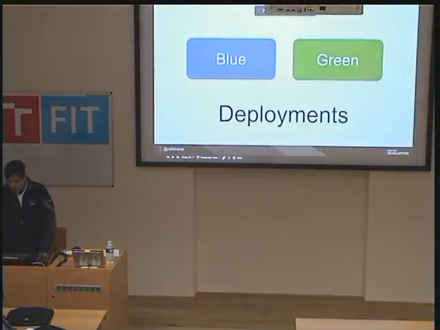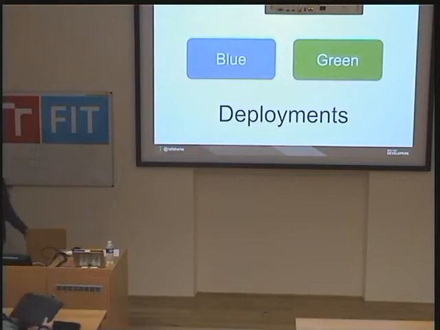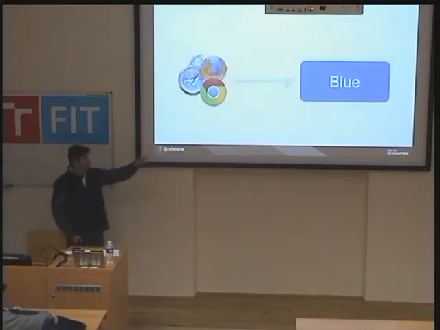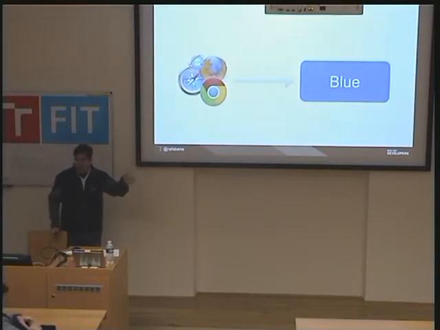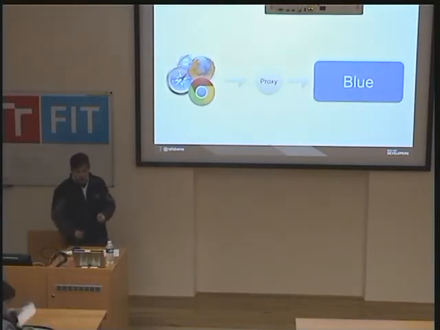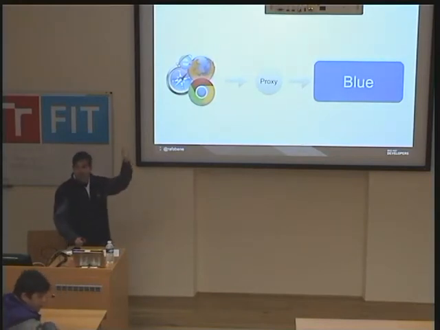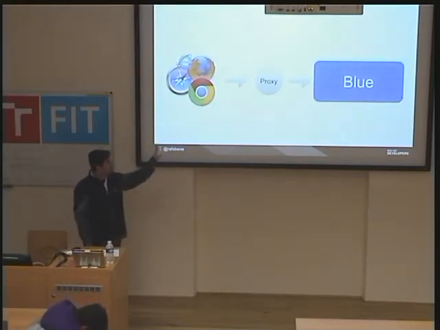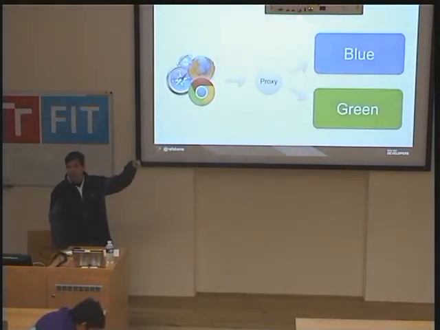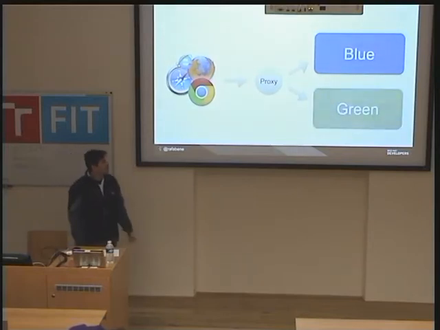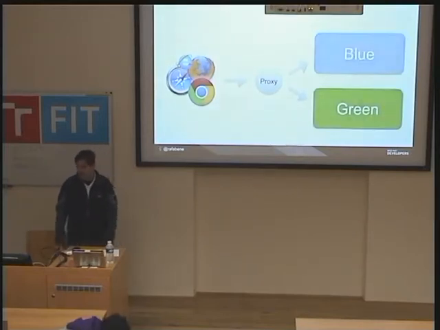We can do what's called blue-green deployment. The difference of the blue-green deployment is that you usually have one version, which is called blue, but to be able to change that version to another, again, you need a proxy, you need something in the middle that allows you to deploy a new version called green, and then you select between the blue and the green version.